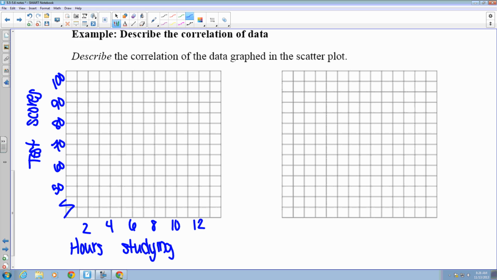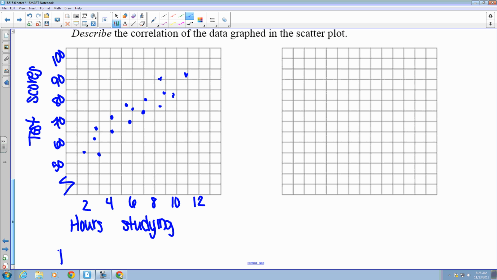And again, these don't have to be perfect. It's just going to be the general trend that we're looking at. So obviously this graph is going to have positive correlation.